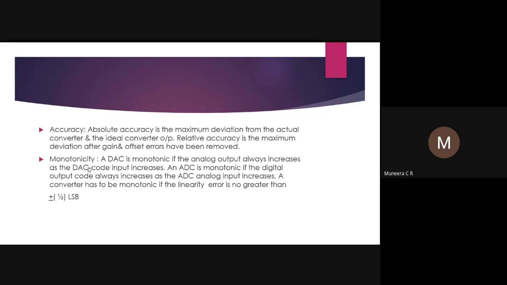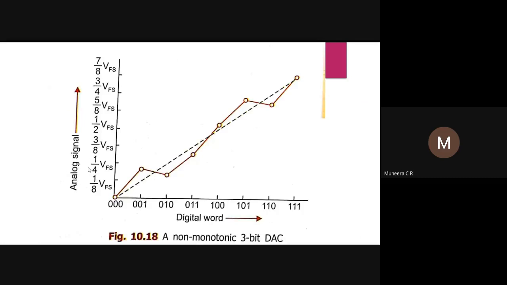That means in the usual case, what we expect is that when the input increases, the output also increases. But sometimes this is not possible in the case of a DAC or ADC. Then we can say that the DAC or ADC is not monotonic.